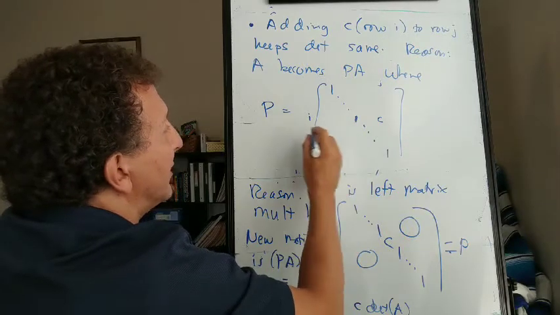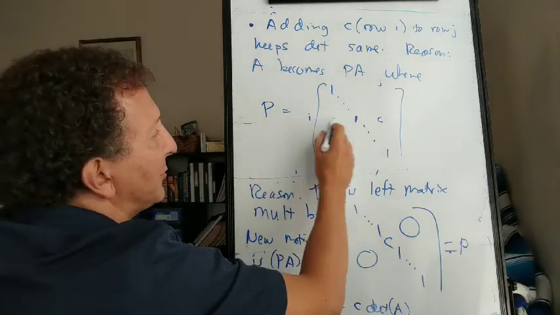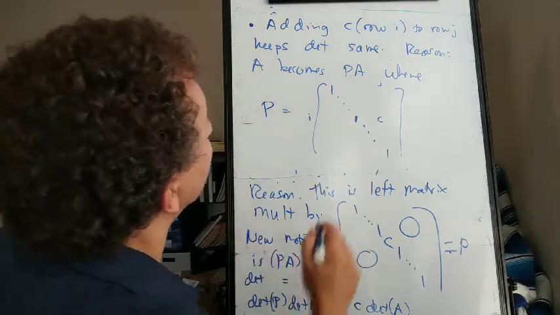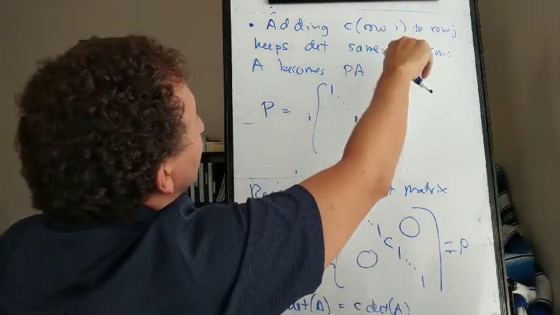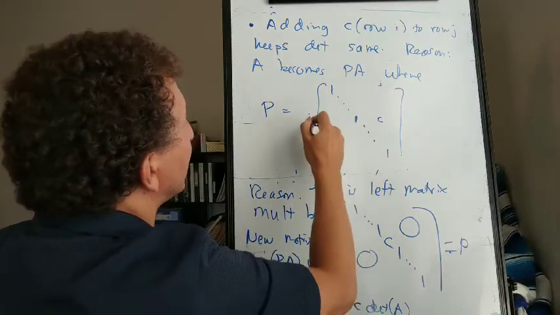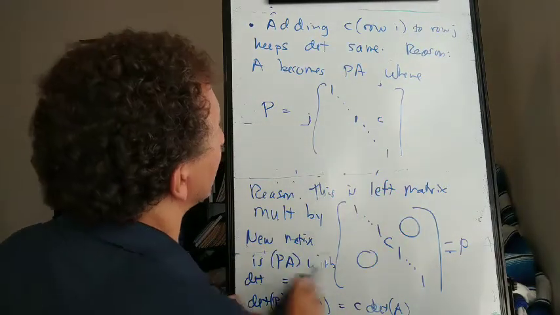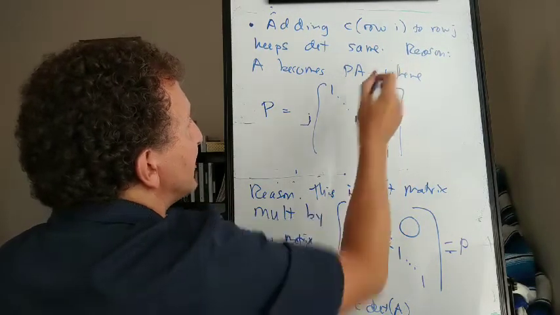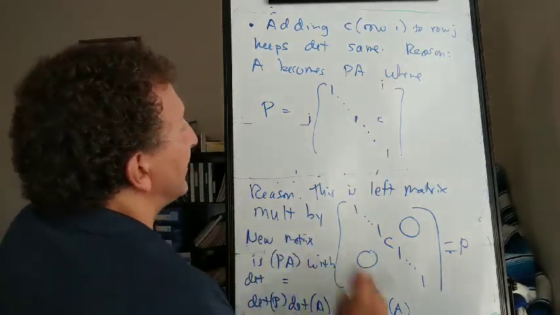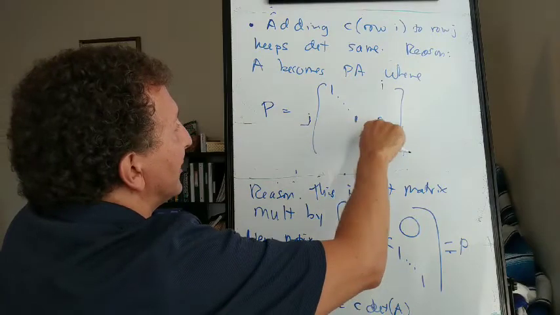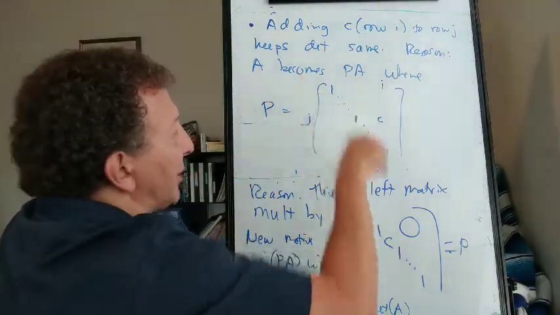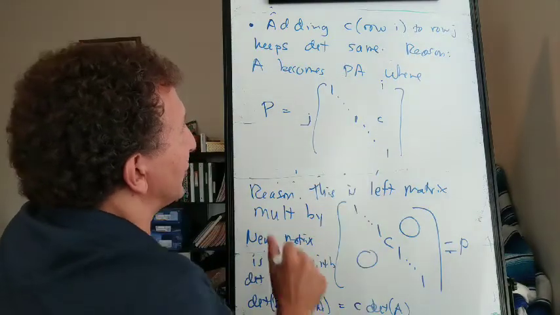Oops. I wanted row J to become row J plus C times row I. So let me change the I and J here. It says row J becomes row J plus C times row I. Well, this is an upper triangular matrix and its determinant is just 1.